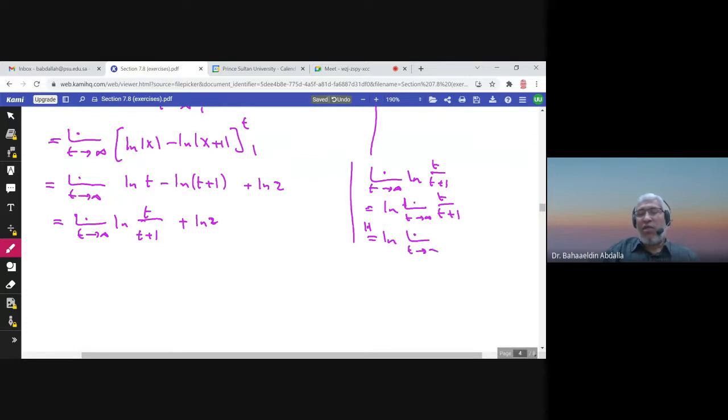The derivative of t is 1, the derivative of t plus 1 is also 1. So this is just 1 over 1, and ln 1 is 0. So this limit would be 0 using L'Hopital's rule, and the answer would be ln 2, and the integral is convergent.